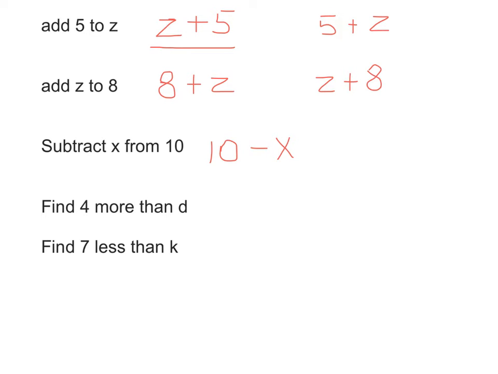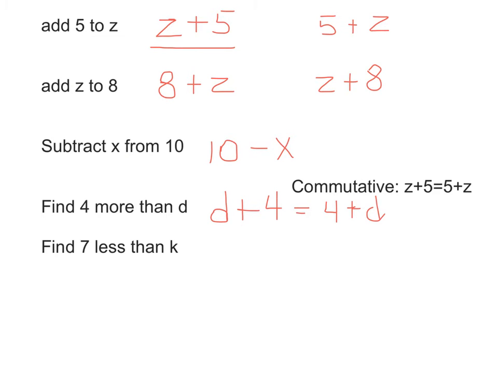On the next one, we start with D, and I want 4 more than that, so I'd add 4. Again, because addition is commutative, meaning I can write Z plus 5 or 5 plus Z, in this case, I could also write 4 plus D, and they would both give me the same answer.